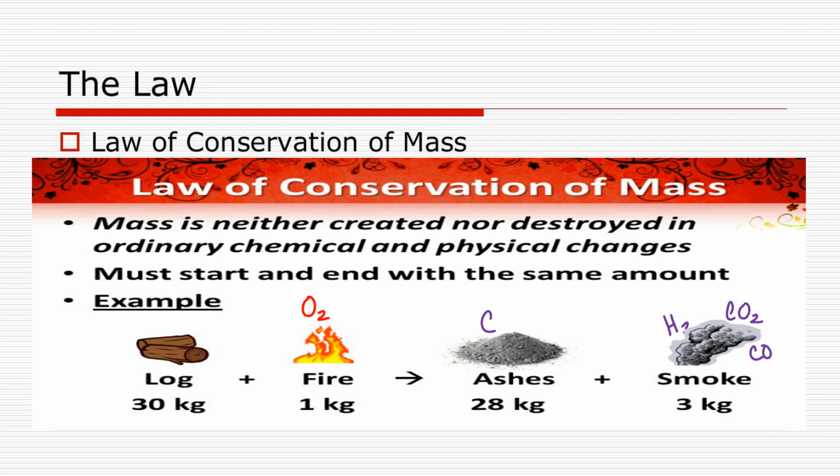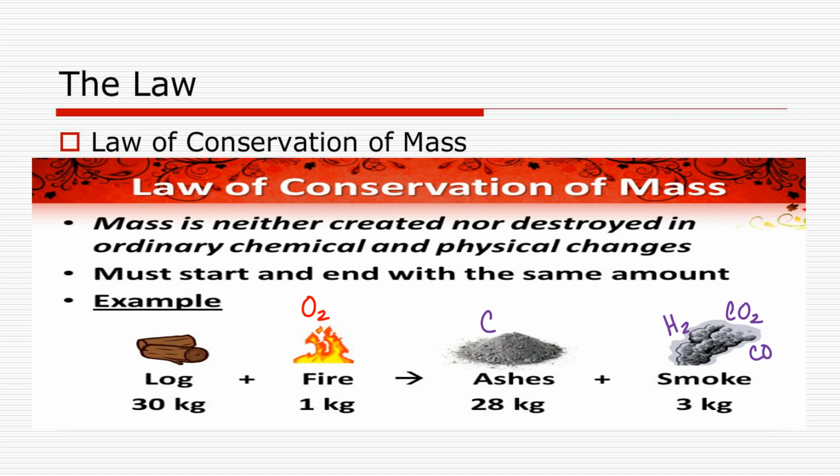So we're going to be producing a lot of different little things there. But that ash or that charcoal that gets produced is typically mostly just carbon, and then we're releasing H2, CO2, CO, some water vapor, H2O gas, things like that in there.